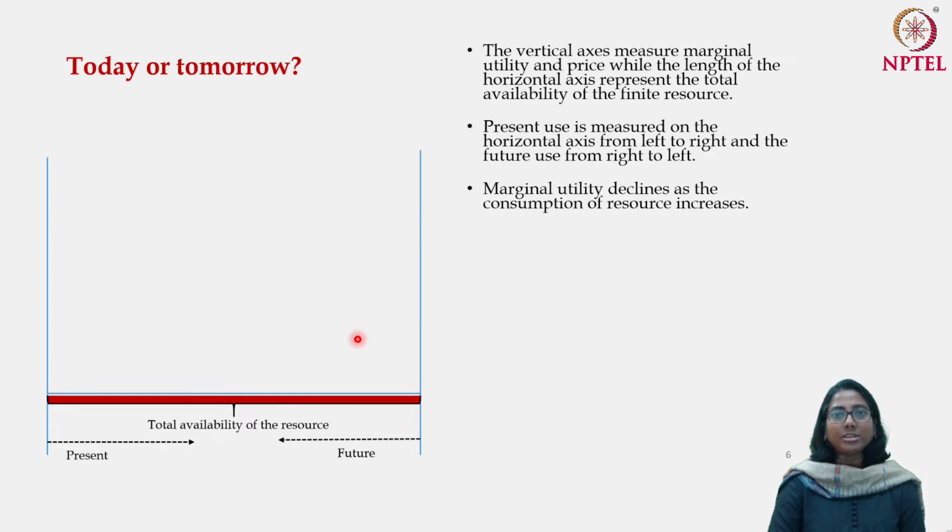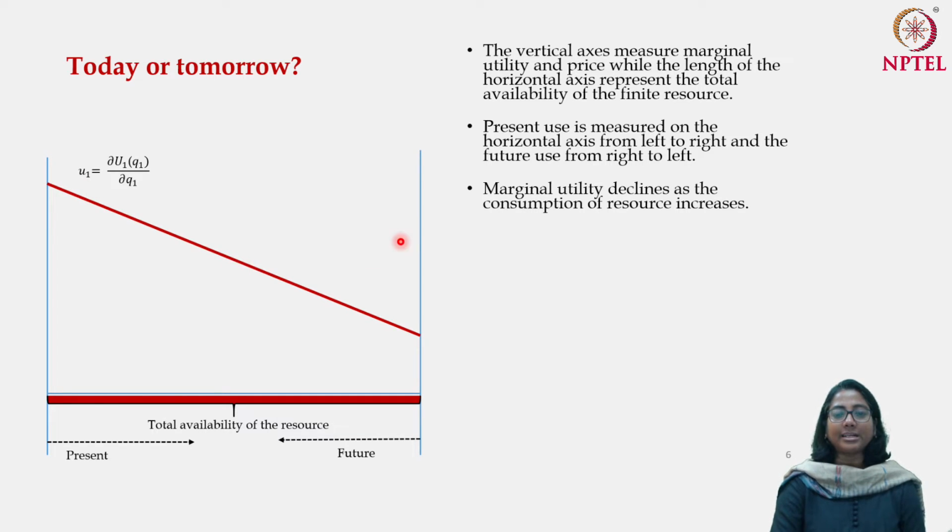So if we plot the marginal utility curve that we are deriving from the consumption of these non-renewable resources, it looks like this. As I said, on the left axis, I am plotting U1, the marginal utility that I am deriving from today's consumption of depletable resources.